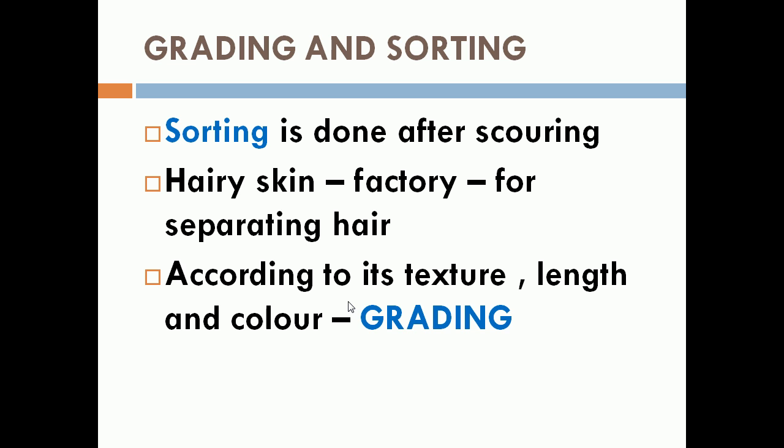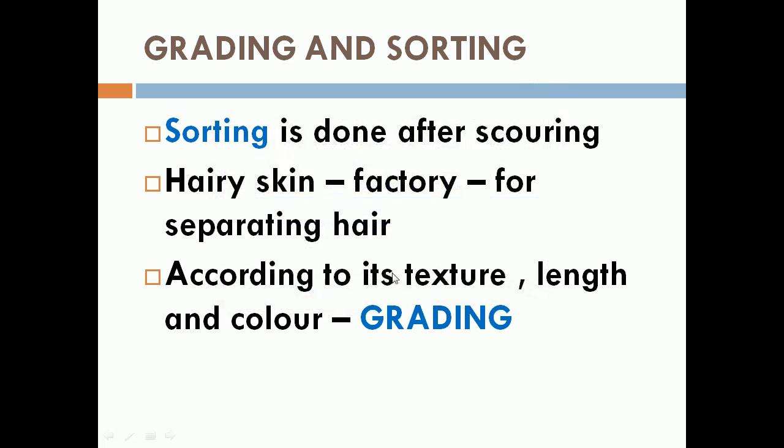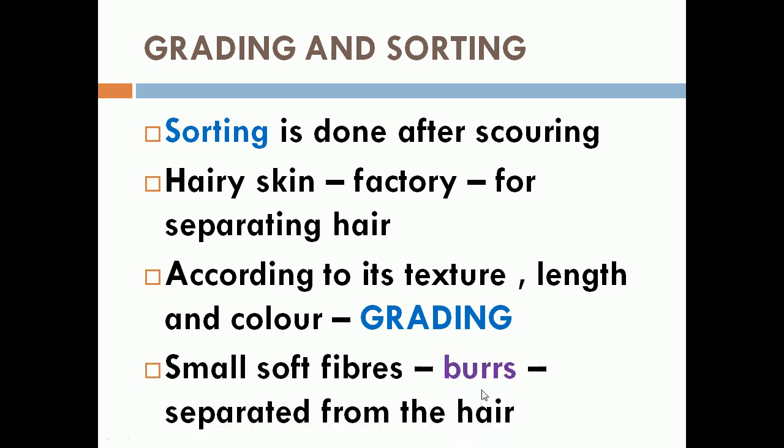In the same way here we are grading, or separating, the sheared skin of the sheep according to its texture, length and color. Small soft fibers are called burrs. The soft fibers present in the fleece of the sheep are called burrs, which are separated from the hair. This is done during the third step of wool production.